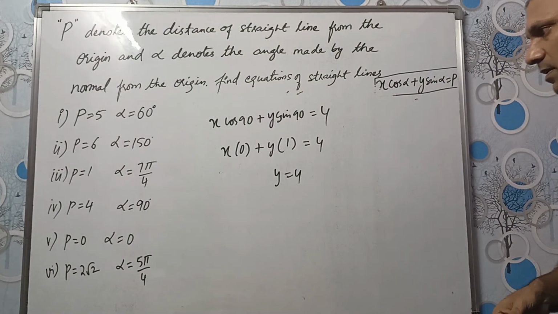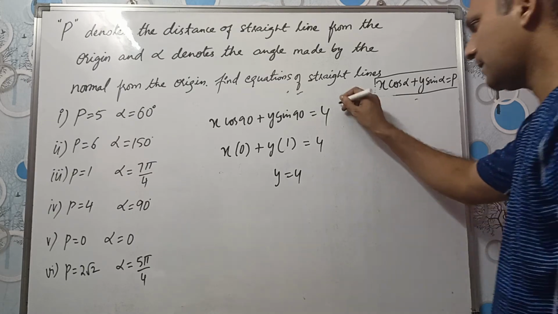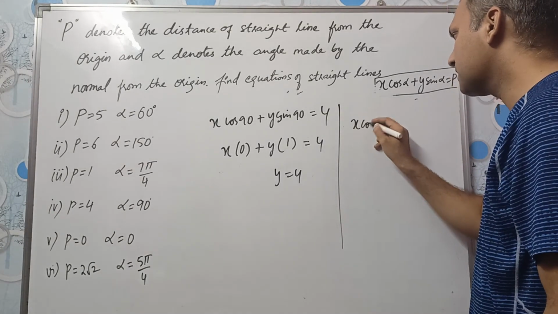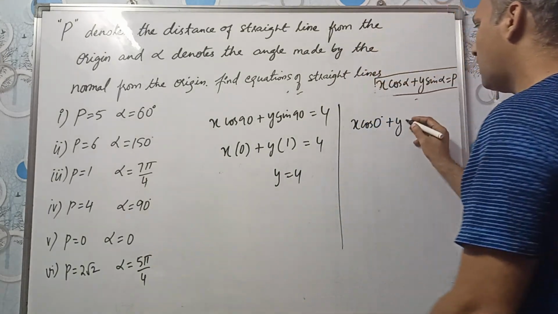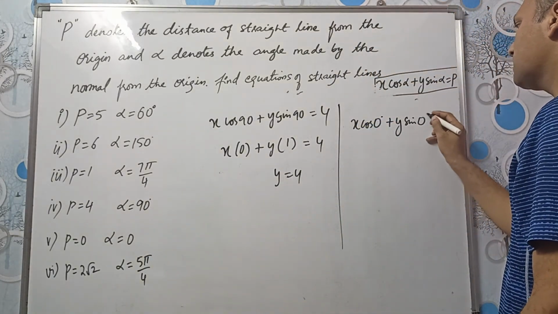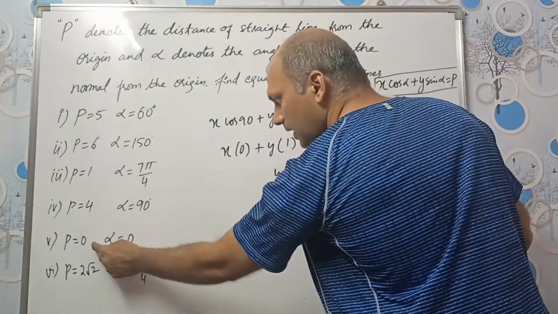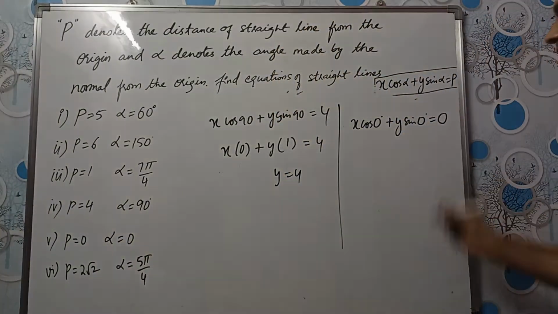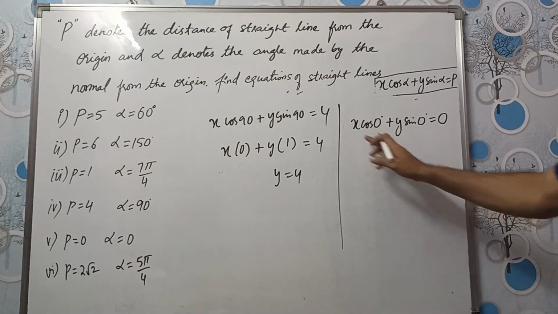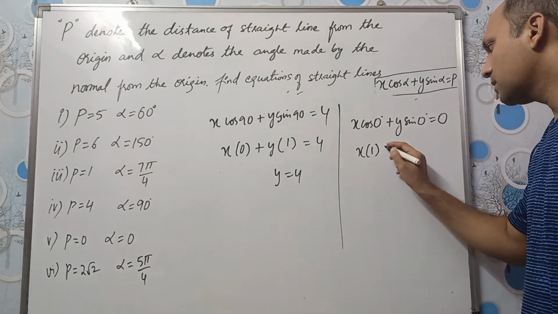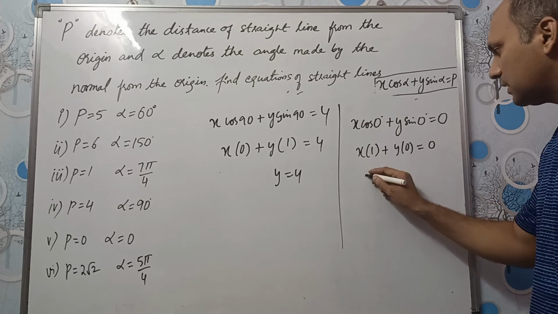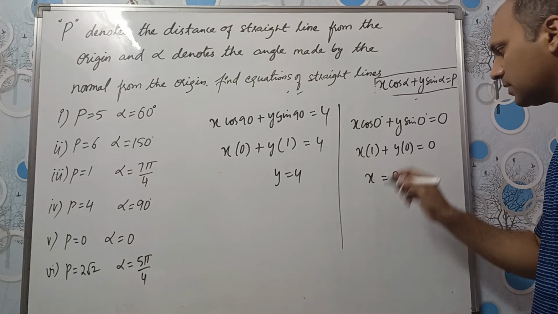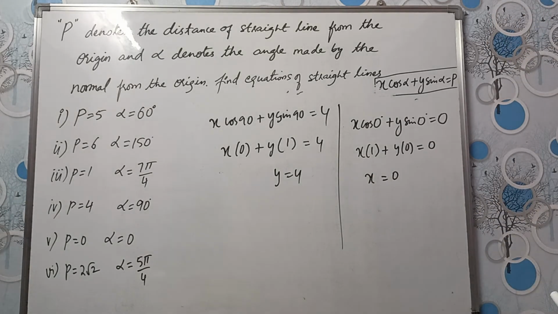Alright, what about the fifth one? We have x cos 0 degrees plus y sin 0 degrees is equal to p, and the p value is also 0. Cos 0 is 1, sin 0 is 0. So x is equal to 0 is the required equation.